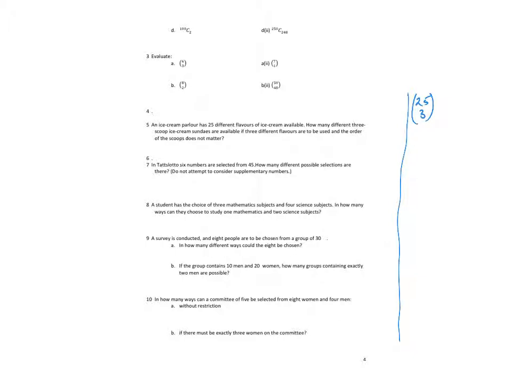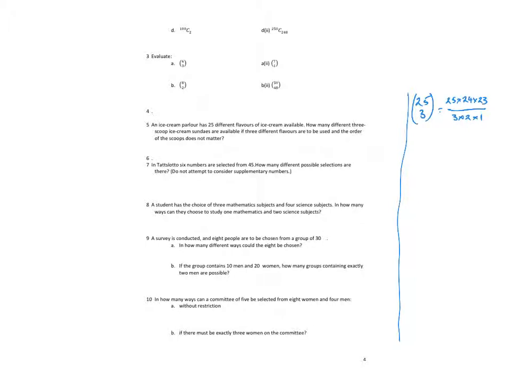Now, we've put that into the calculator and we can work it out. A nice simple way of evaluating that is, we start with 25, and because I'm choosing 3, I count down 25, 24, 23. I go down 3 numbers, and I divide that by 3 by 2 by 1.